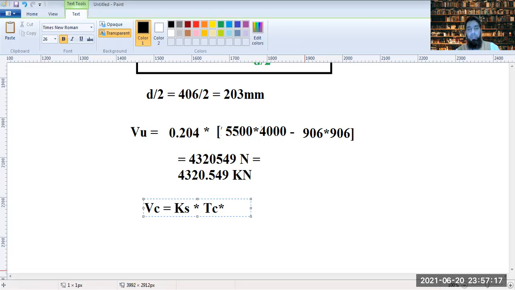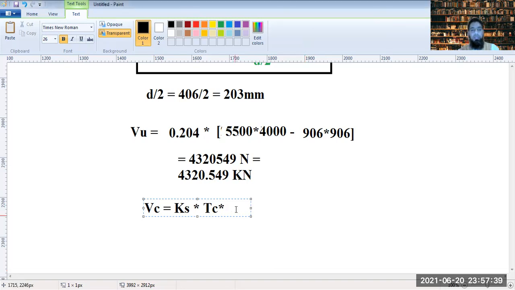How much would that be? So usually we can just say it's Ks into tau c, where the tau c value is 0.25 into under root fck. But do we know tau v at this stage?